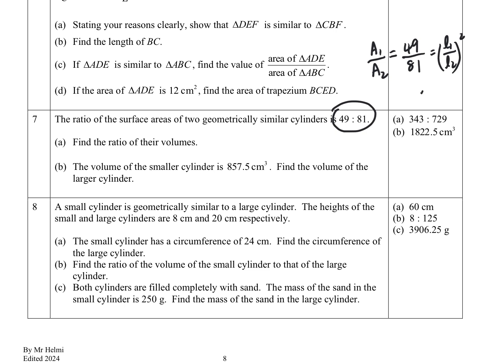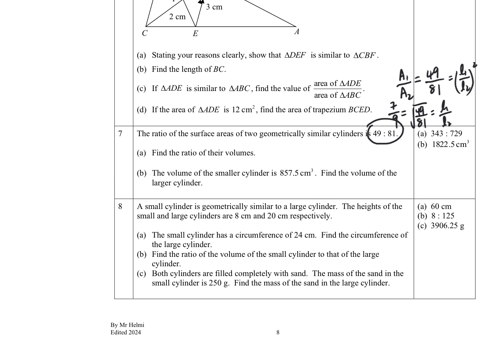So how to find the ratio of the length? Use root. You square root the ratio. So actually is 7:9. So what I know is, based on these two shapes, whatever shape there is, let's say a small cylinder to a big one, I know that now this is 7 units, this is 9 units.